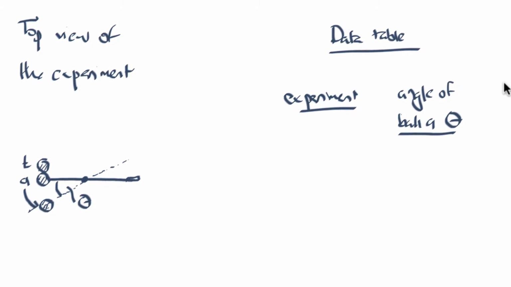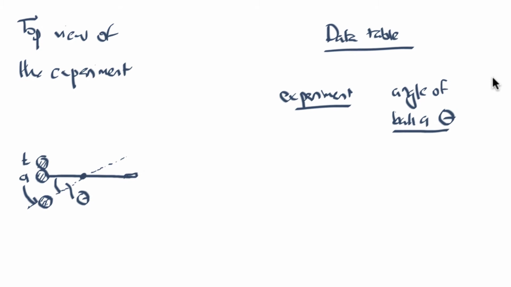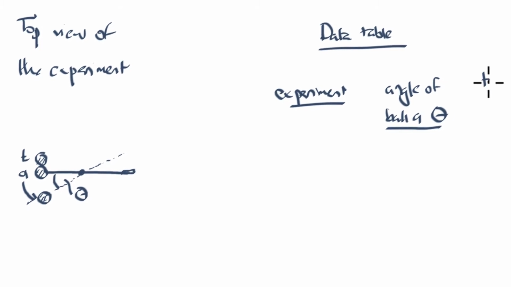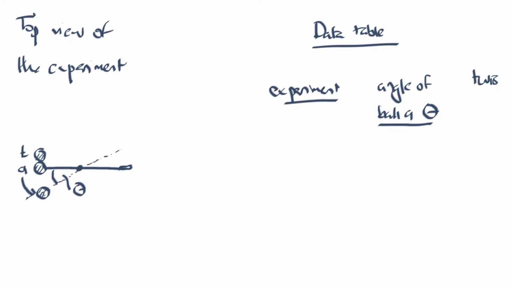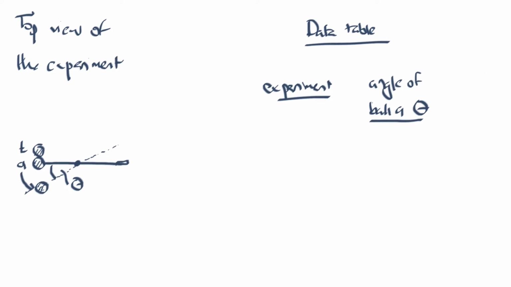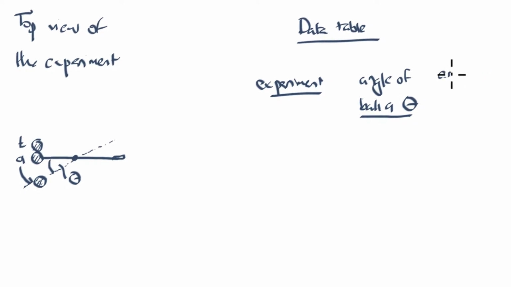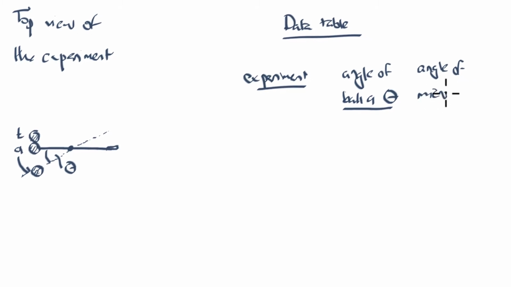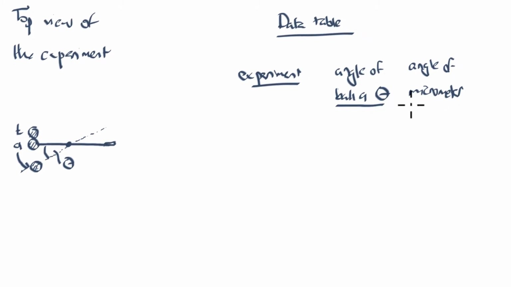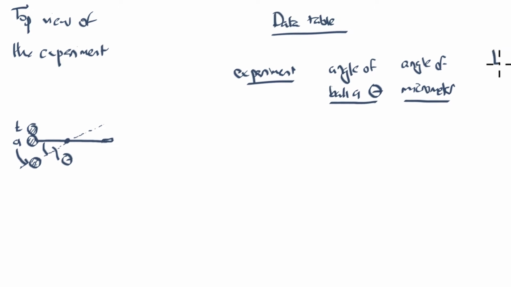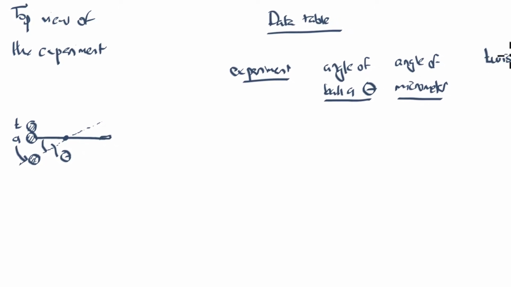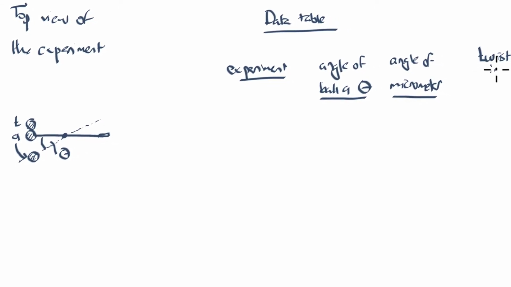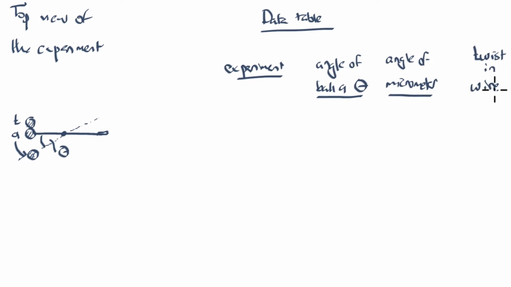And then this will become more clear as we continue, but the angle of the micrometer right here. And I'm going to make another column, and again, you'll see why I'm doing this in a moment, twist that is in the wire.